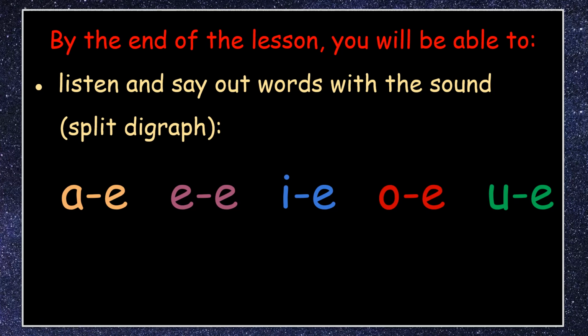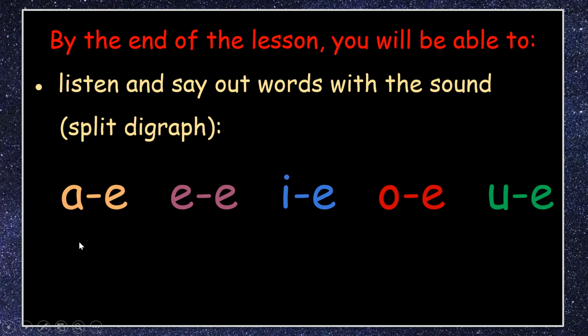They don't like to sit next to each other. So one more letter will come in between. That's why it is written as A-E. See, this dash here means there is one letter in between the digraph. So that's why we call them split digraph.